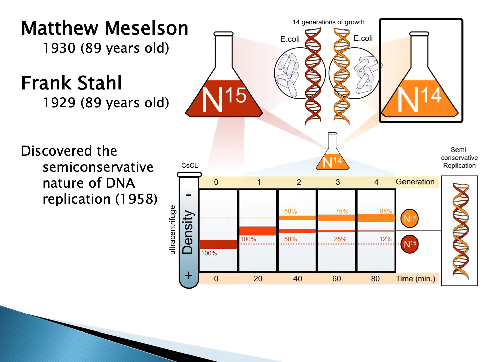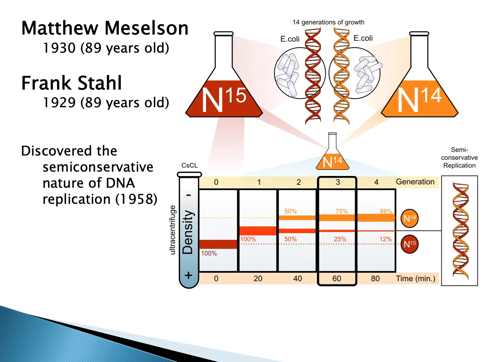They continued to grow the bacteria in the light nitrogen and got increasing numbers of molecules that contained both light strands, and then there were some still with the light and the heavy strands.